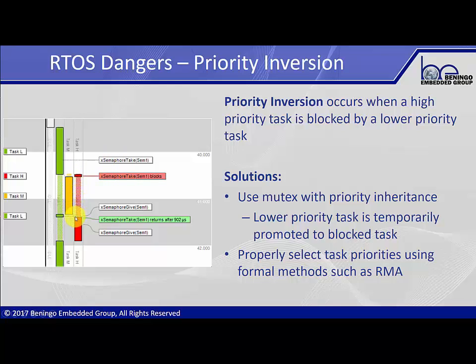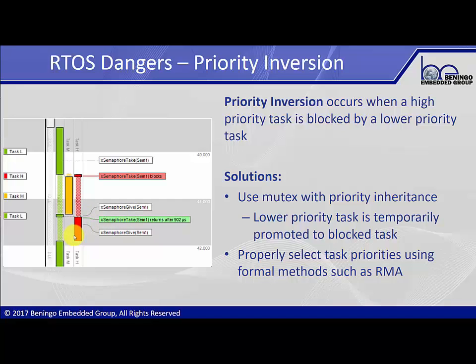A medium priority task starts executing, which has preempted this low priority task that has the semaphore, the resource that this high priority task needs. It runs to completion before finally this low priority task gets to run, complete, and give back the semaphore, and then you can see here our higher priority task is finally able to get access to that resource.